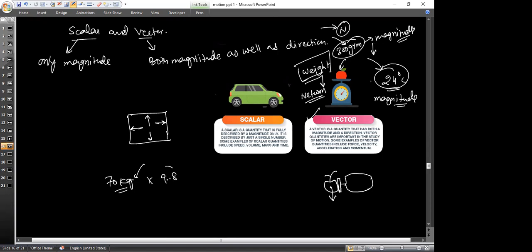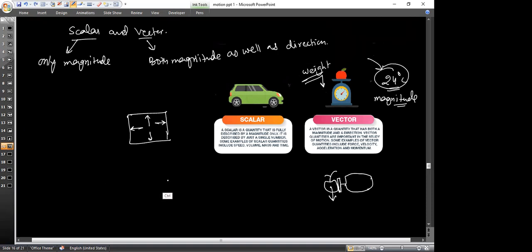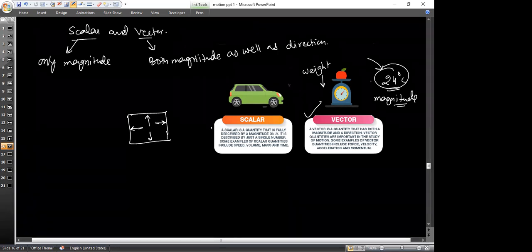We are not going to multiply by 9.8, that is the gravitational force, which we will discuss in the next chapter. No need to worry, but keep in mind that those quantities that have both direction as well as magnitude are called vector quantities, and those that have only magnitude are scalar quantities.